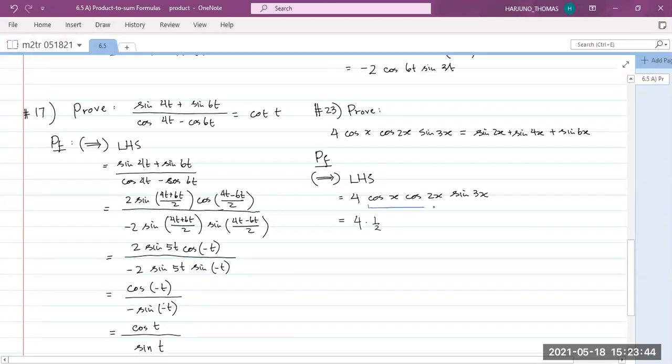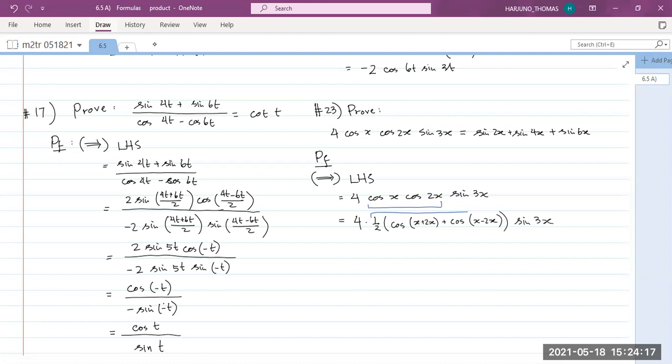So that becomes 1/2 of cosine of sum plus cosine of difference, right?